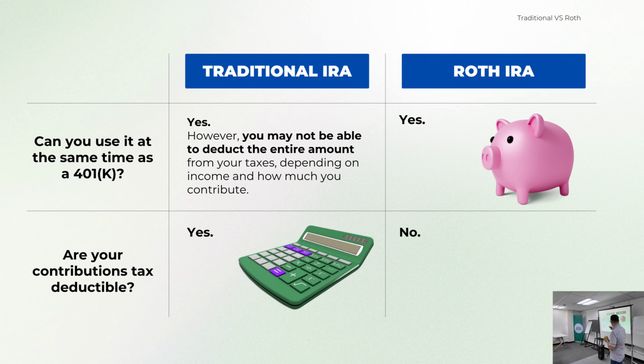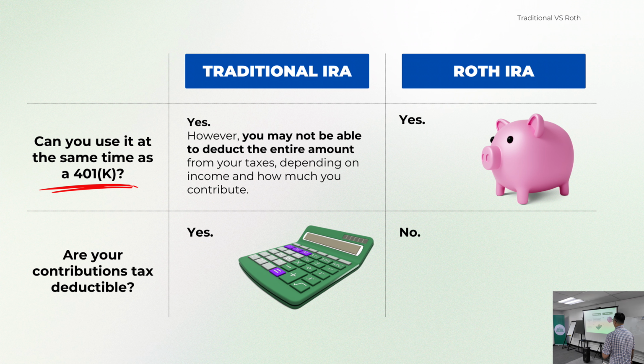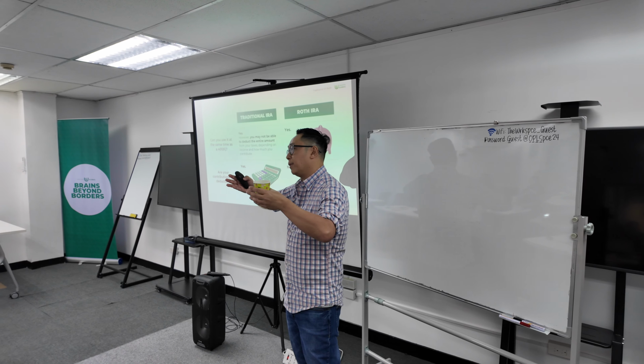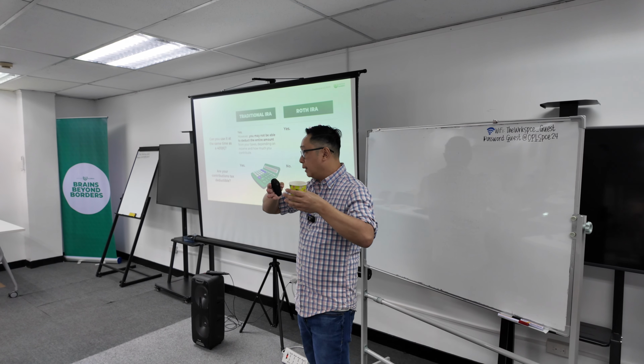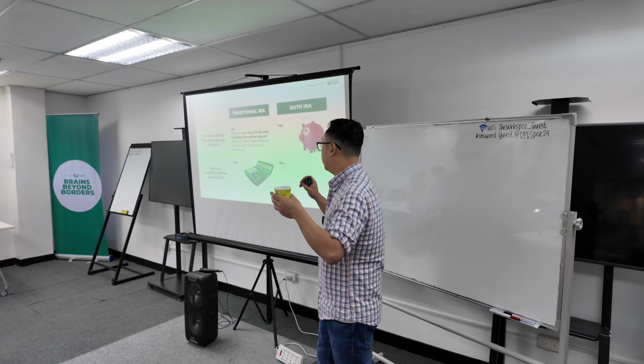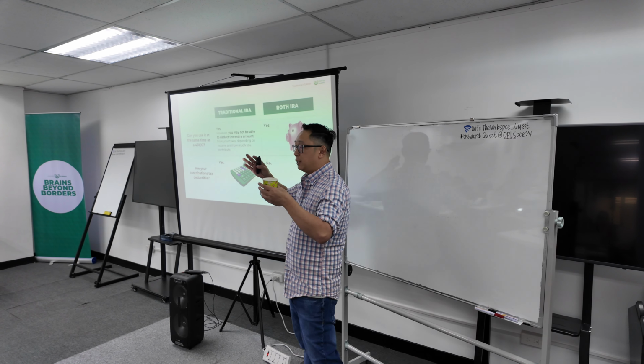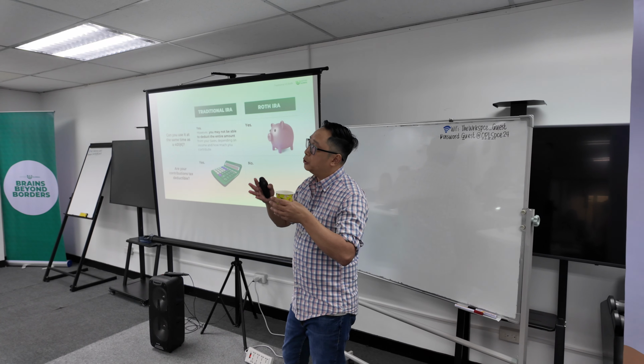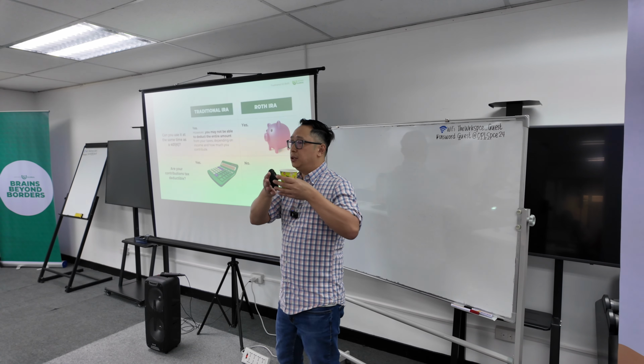Okay. Can you use it at the same time as a 401k? A 401k is a plan that you get through your employer. Not all employers offer it, so it's another retirement plan. We're going to go through 401ks later. But the traditional IRA is usually meant for people who don't have access to a 401k.